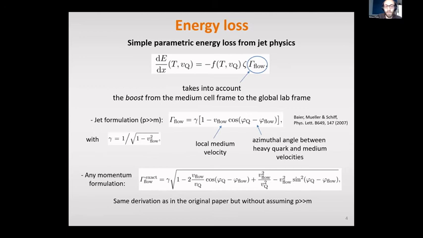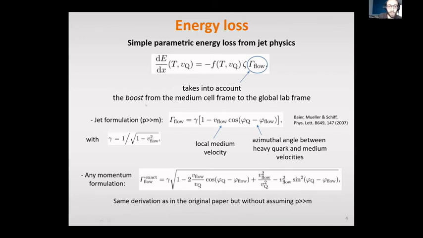So the first term that I will tell you more about, it's the last term actually, which is the gamma flow factor, which is here. It allows to take into account the boosts from the medium cell to the global laboratory frame.